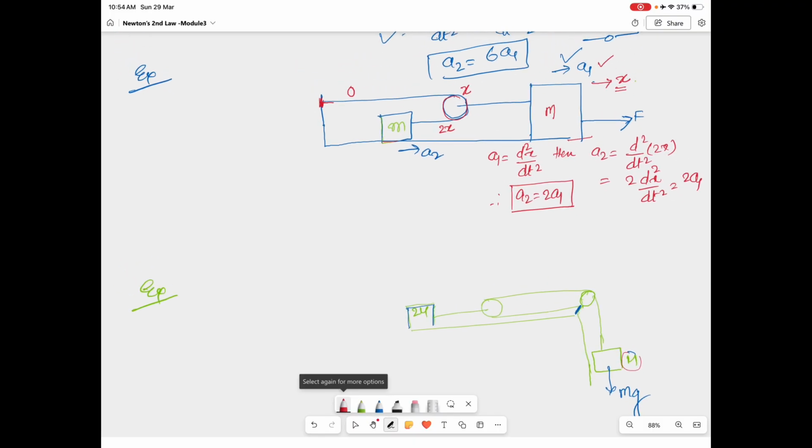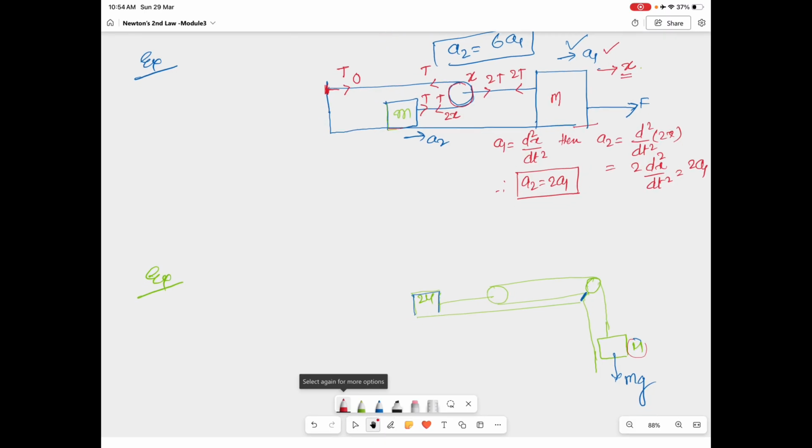Now, from the forces also, if there is a tension T in this string, T will be applied here, T will be applied here, and again 2T will be the tension here, and this will be in the opposite direction. So capital M will have an opposite force of 2T.